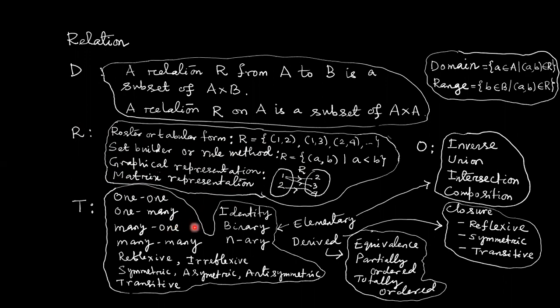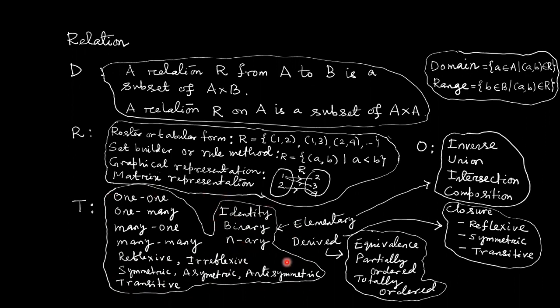Then we have types of relations like one-one relation, one-many relation, many-one relation, many-many relation, reflexive relation, irreflexive relation, symmetric, asymmetric, antisymmetric, and transitive. Then we have identity relation, binary relation, and n-ary relation. So these are all elementary types.